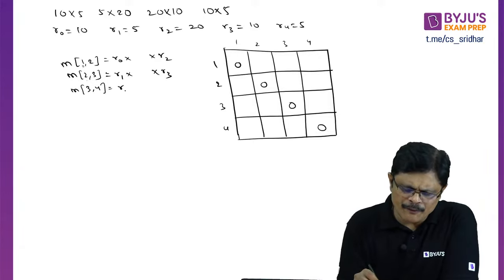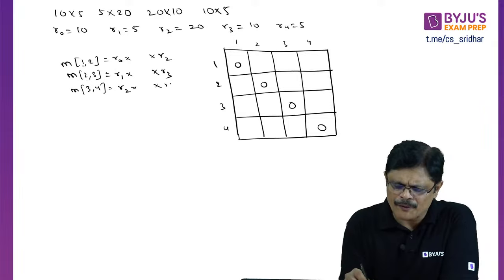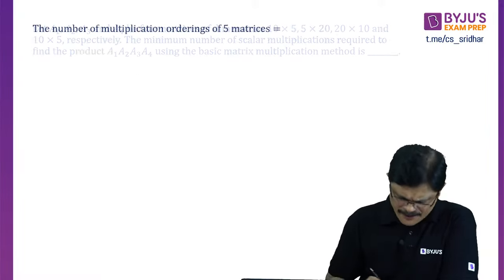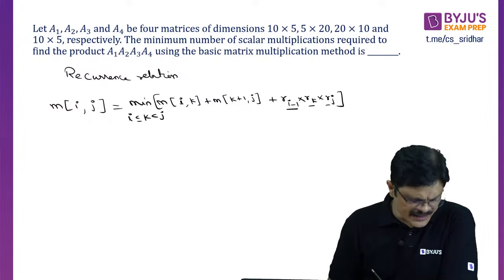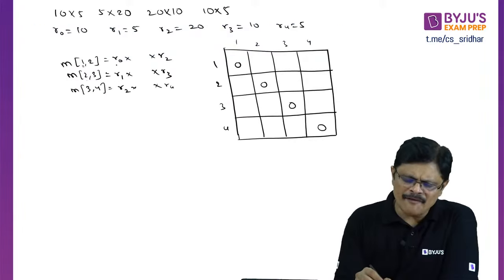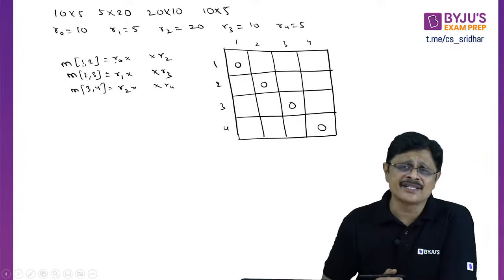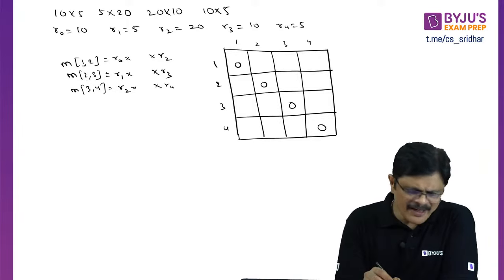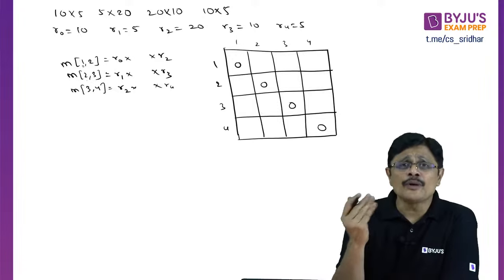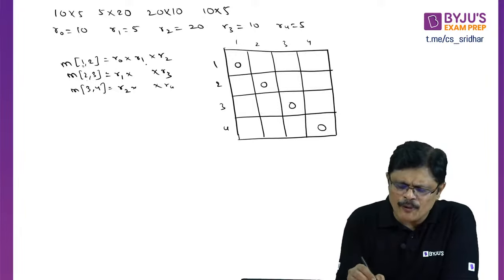If it is going from 3 to 4, it is R2, R4. In the formula, we are talking about Ri minus 1, Rk, Rj. In this, the values of Ri minus 1 and Rj are the same, only Rk will be varying. What is Rk, sir? K varies from i to less than j. So here the k value will be only 1, so R1, here R2, here R3.